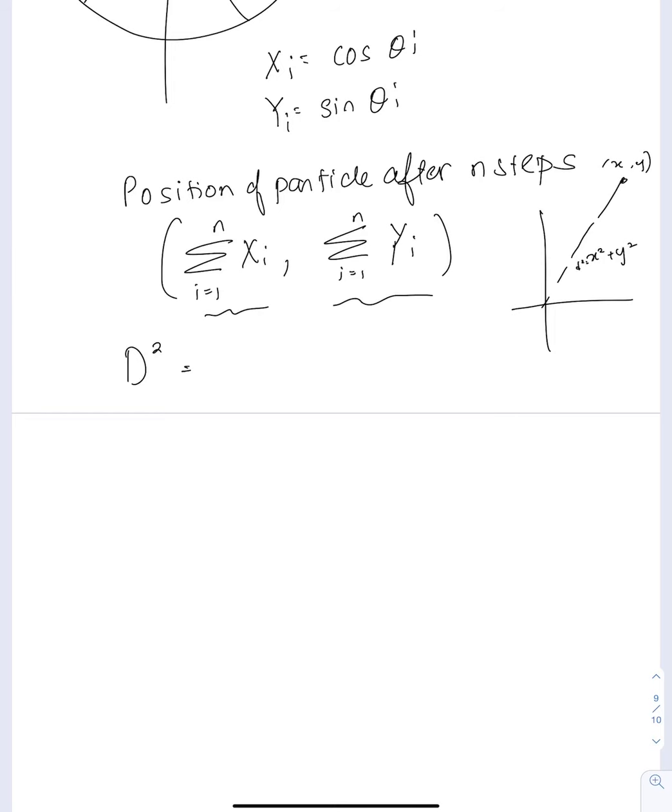So this will be summation xi, whole squared, plus summation yi, whole squared. Okay. All right. So let's write down, what will that be? That will be, each one will have the xi squares and they'll have the cross terms xi, xj. Okay.